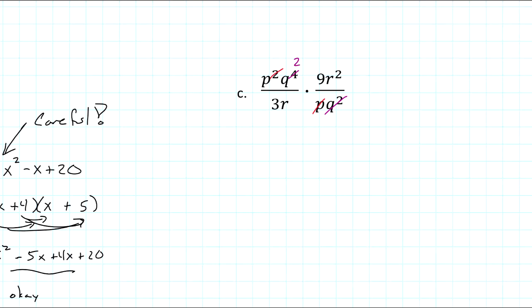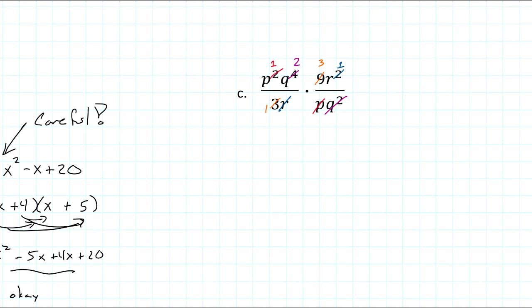For the r's, we have 1 on the bottom and 2 on top. So we can cancel the 1 on the bottom with 1 of them on top. And then the 9 and the 3 also reduce. The 9 can reduce to a 3. The 3 reduces to a 1.